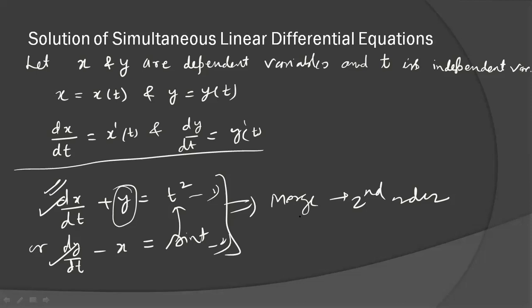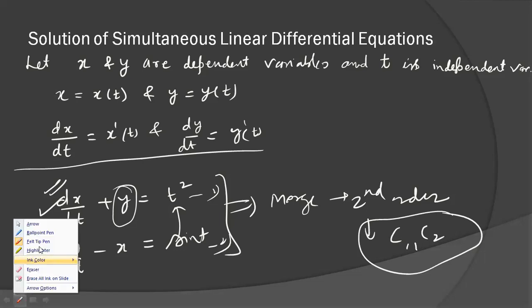A second order differential equation means definitely you will have two arbitrary constants c1 and c2 in the solution. Today we will see one very easy method that was already discussed in class 6-7.